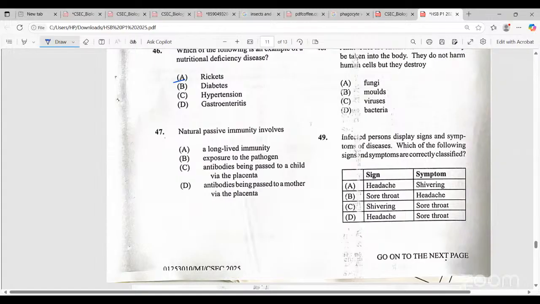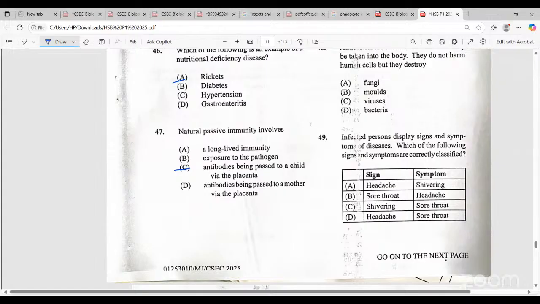Antibodies being passed to a mother via a child. So to a mother, passed to a child via the placenta. Antibodies being passed to the mother. So C, sorry, C. Yes, so passed to the child. All right, that would be C. All right, let's double check that.